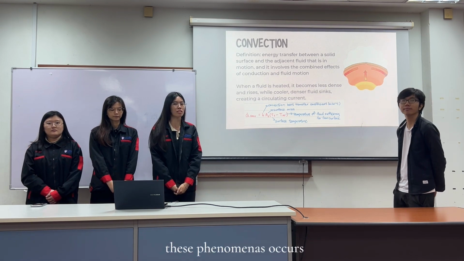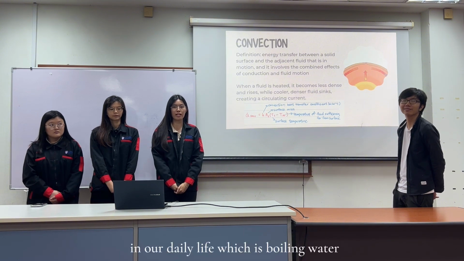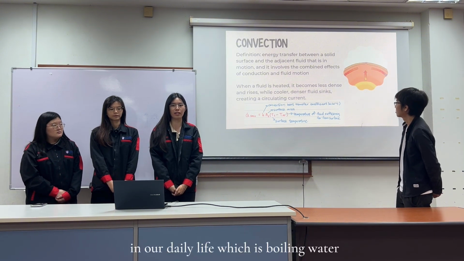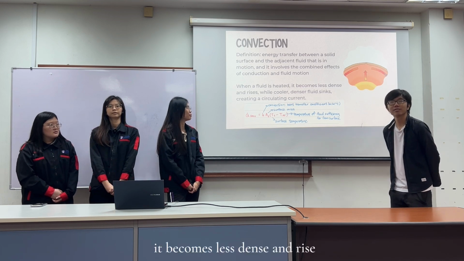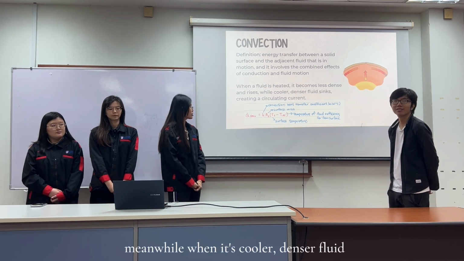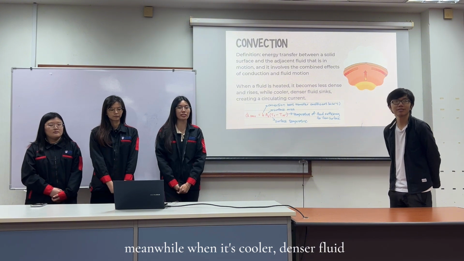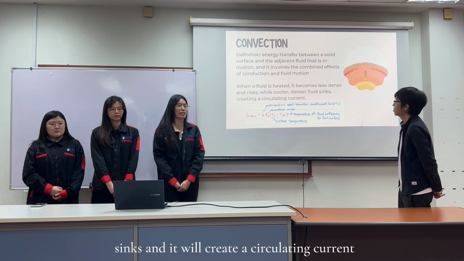This phenomenon can be observed in our daily life, such as boiling water. When a fluid is heated, it becomes less dense and rises. Meanwhile, when it is cooler, the denser fluid sinks and it will create a circulating current.